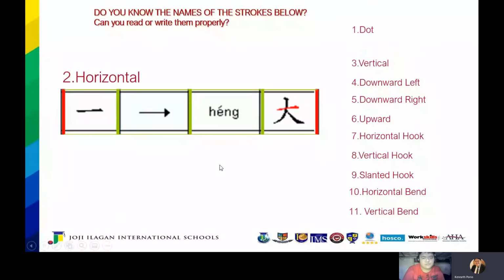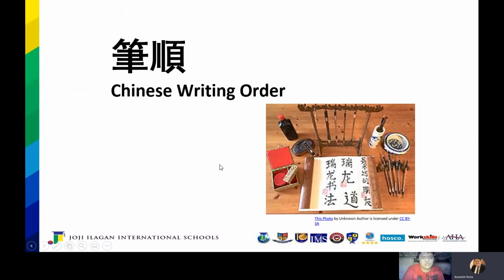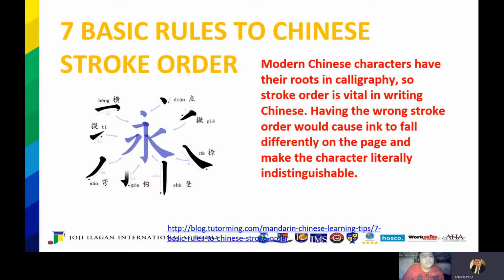Again, let's go back to the slides. Okay, so let's now teach you the Chinese writing order. There is a certain order of writing Chinese characters, no? Modern Chinese characters have their roots in calligraphy, which I showed to you in a previous lesson.